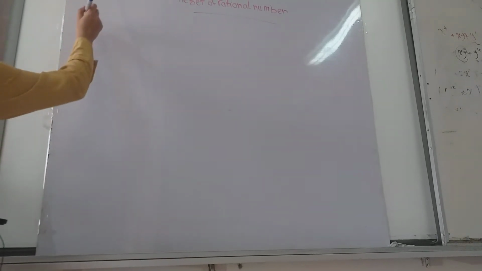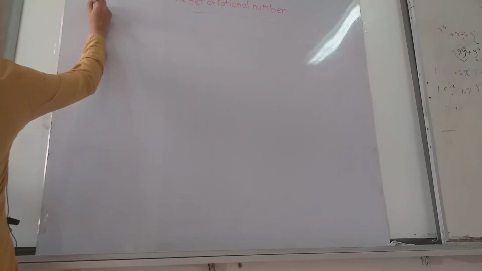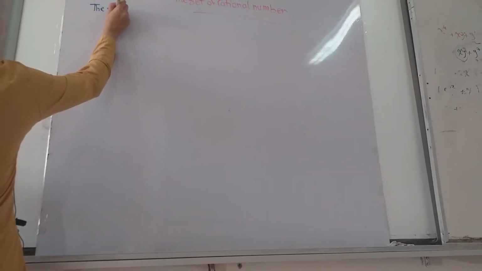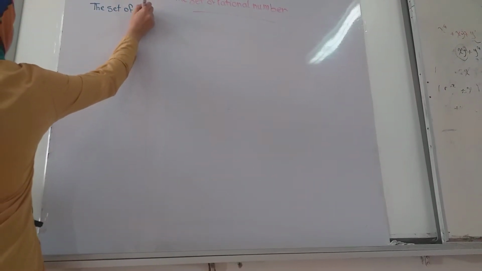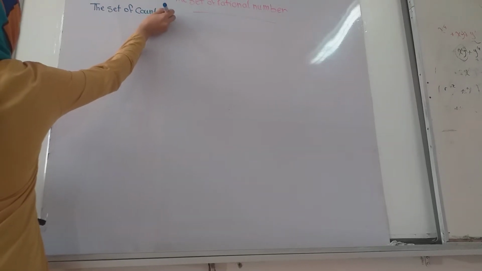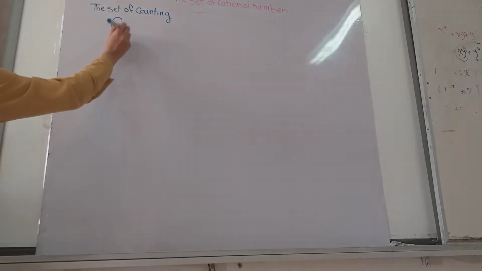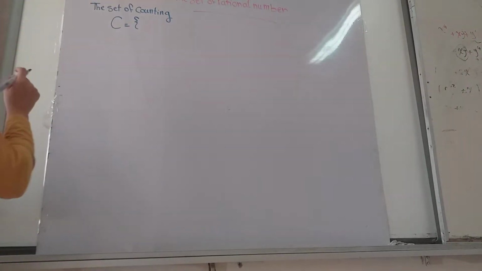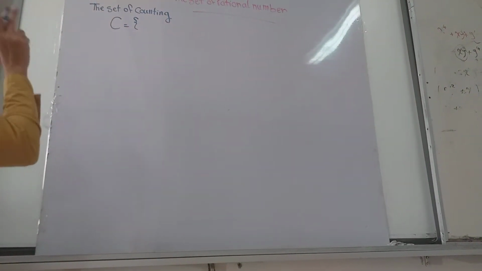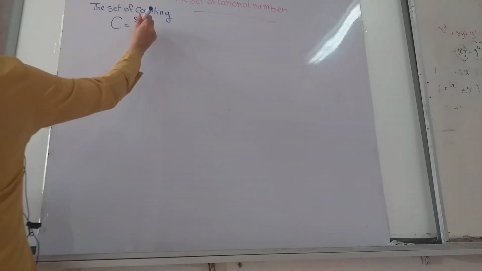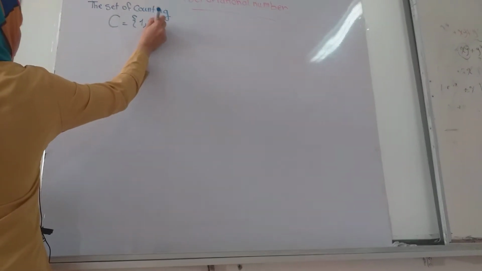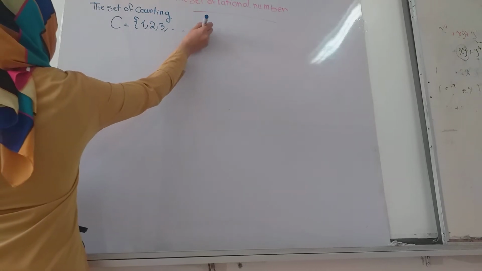Firstly, before beginning the set of rational numbers, we should take the set of counting numbers. What is the set of counting numbers? It means C, as if we say count. So I write 1, 2, 3, and so on.